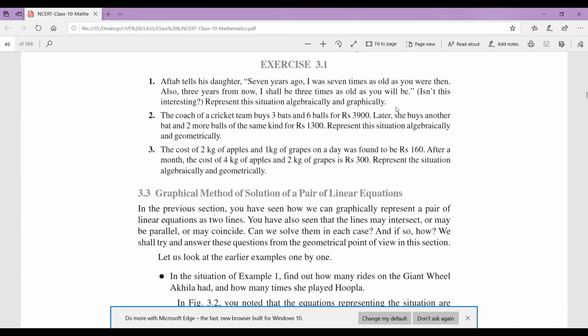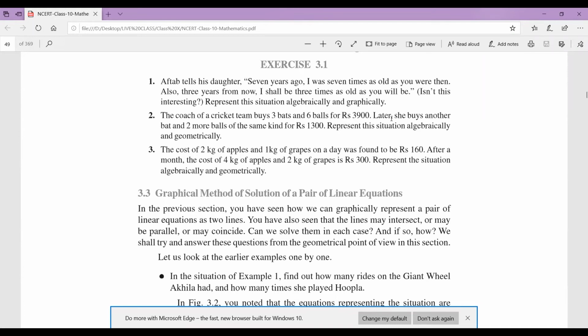Let's take the present age of Aftab as X and his daughter's as Y. So 7 years ago, their ages will be X minus 7 and Y minus 7. So X minus 7 will be equal to 7 times of Y minus 7. There you will get the first equation.